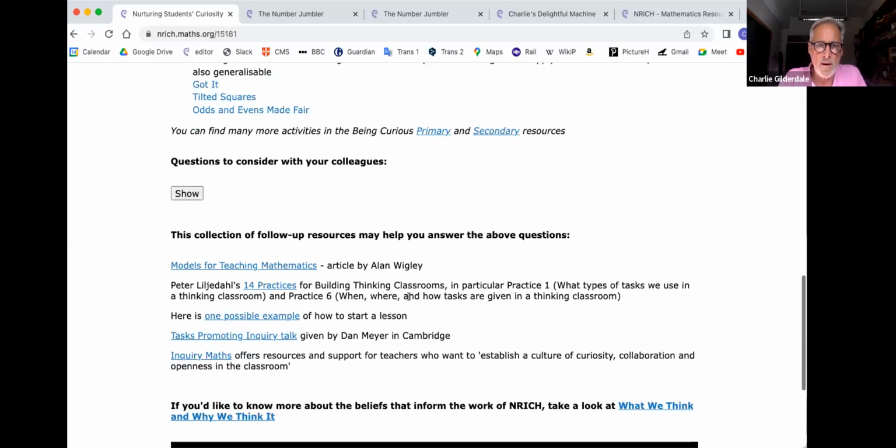We've also added a few resources for those of you who are really curious about curiosity. We often talk about Alan Wigley's article about models for teaching maths, and he suggests in that article that starting a lesson with a problem, a question, a challenge is a really good way of starting. Peter Liljedahl's 14 Practices for Building Thinking Classrooms has a couple of practices linked to motivation and curiosity.